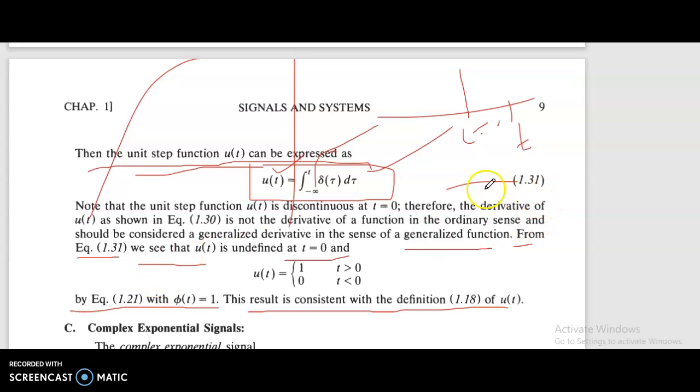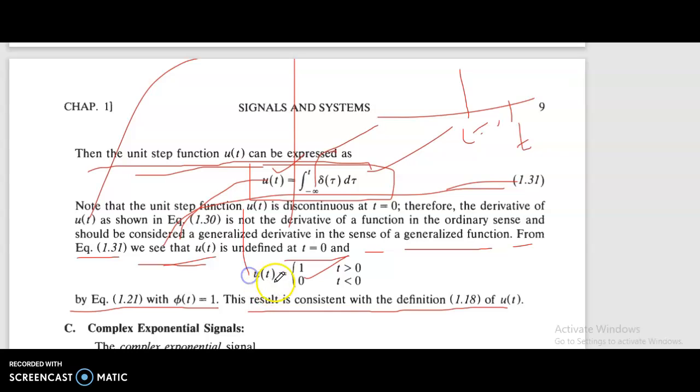From equation 1.319, we see that u of t is undefined at t equal to 0. u of t equal to 1 when t is greater than 0. When t is less than 0, u of t is 0.